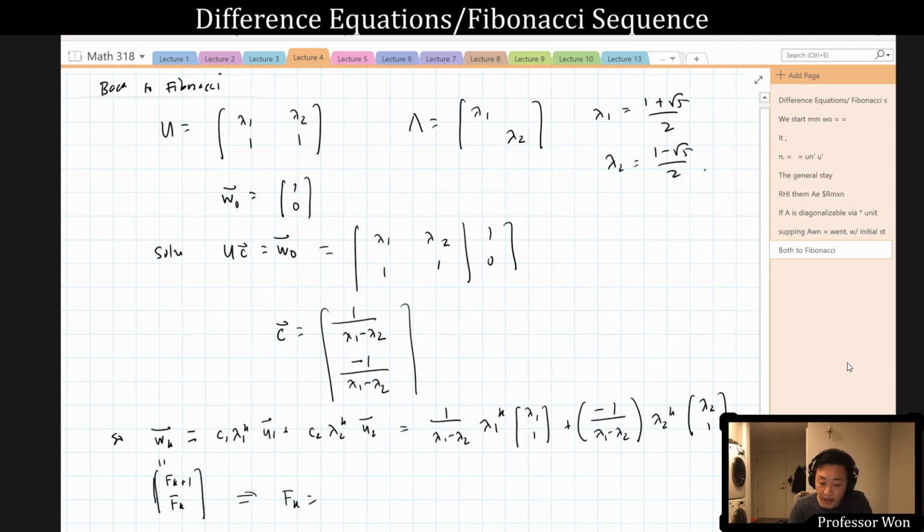I just need to look at what I would get in the second coordinate. From the first one, I get this coefficient times 1, so it's lambda 1 to the k over lambda 1 minus lambda 2 times 1. And in the second coordinate here, I get this coefficient times 1. So it's actually lambda 1 to the k minus lambda 2 to the k over lambda 1 minus lambda 2.